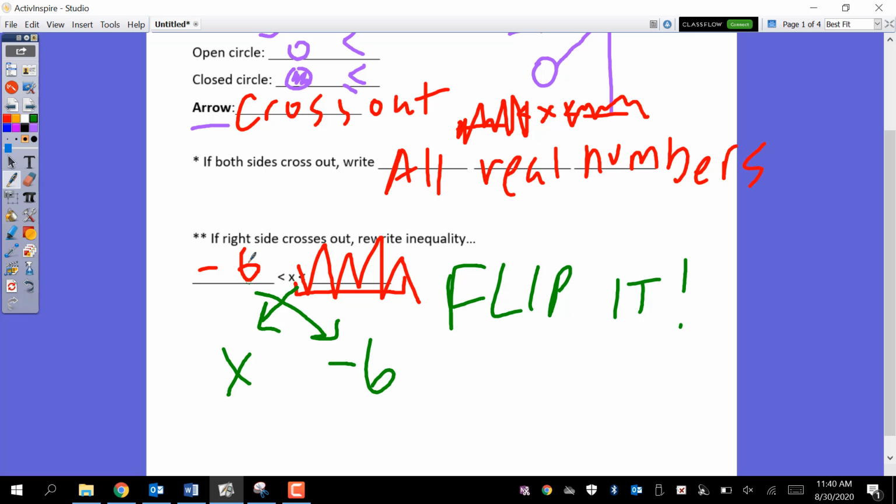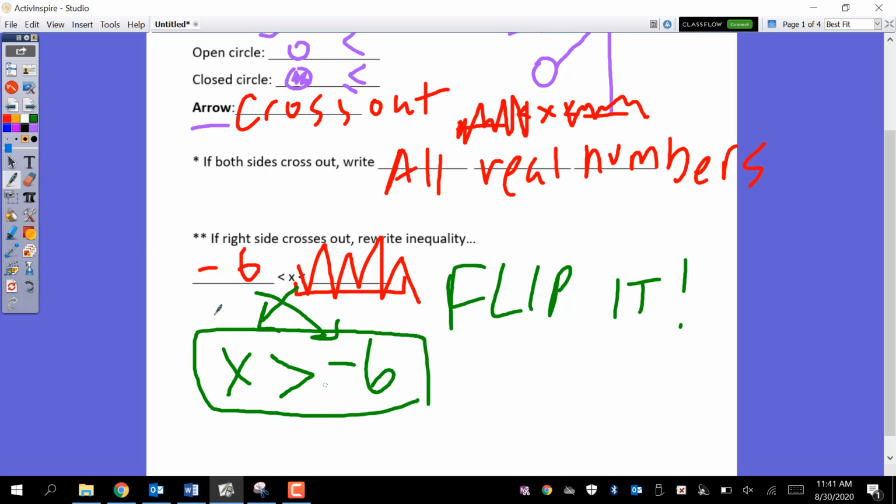Before, the little mouth was opening to x, and when you rewrite it, the mouth still needs to open to x. If I write it this way, the mouth is opening to the 6, and we don't want that. We want it to open to the x. So I flip it and now we say the domain, the x numbers, are all greater than -6. This would be your domain.